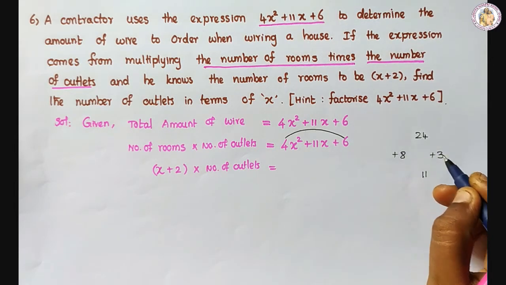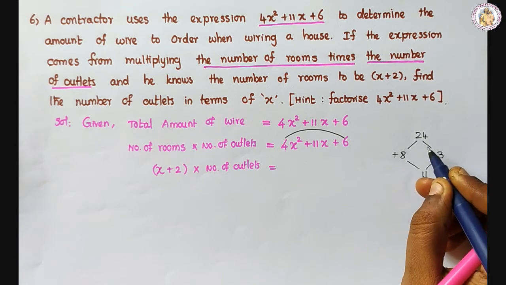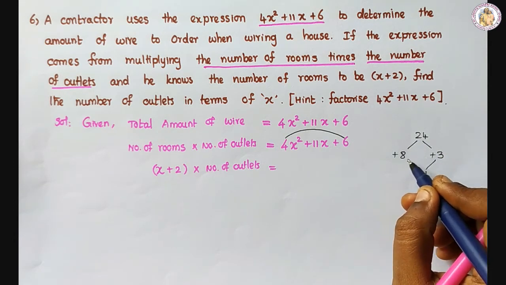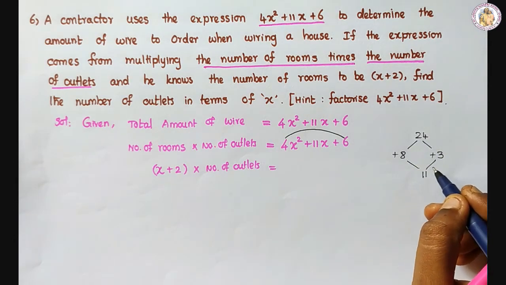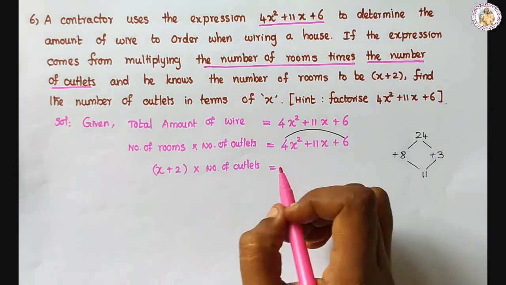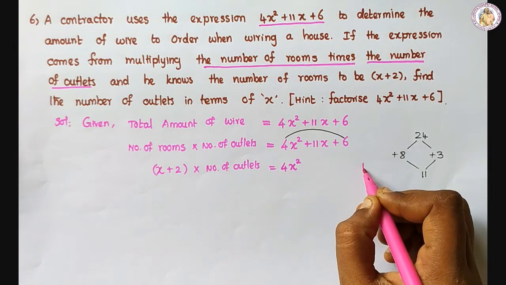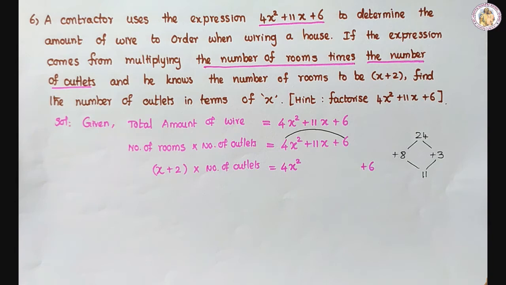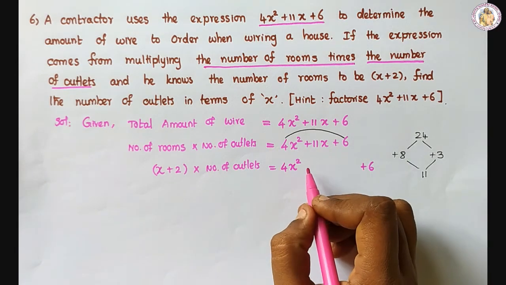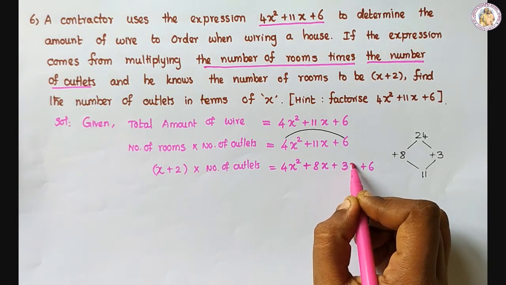So plus 8 and plus 3: plus into plus is plus, 8 threes are 24, and the two numbers have addition sign, so adding them we get plus 11. Now 4x squared and plus 6 we write as it is, and 11x can be split into 8x plus 3x.